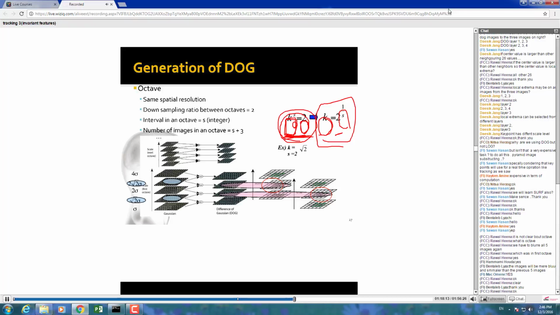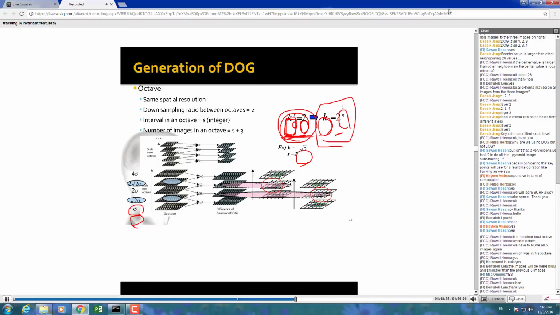So, for example, when S is 2, we have just 2 more layers, right? Then K should be 2 power 1 over 2, which is the square root of 2.